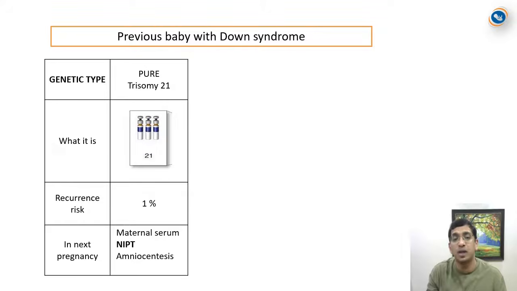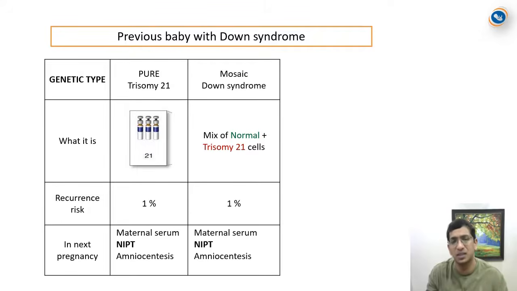The second type of Down syndrome which can exist is something called mosaic Down syndrome. In these children, half the cells, or a certain percentage of cells, are completely normal and other cells are showing trisomy 21. Now this is formed by something called a trisomic rescue, which occurs after fertilization has occurred, and again its recurrence risk is the same, 1%. Basically it happens by mistake, it is not inherited per se.